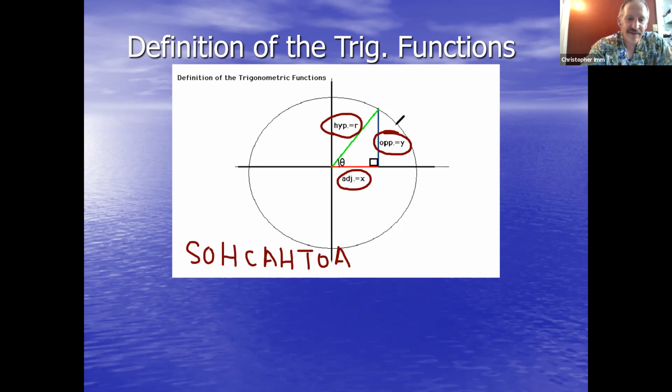S stands for sine, and sine is the opposite over the hypotenuse, so y over r. Cosine is the adjacent x over the hypotenuse r, and tangent is the opposite side y over the adjacent side x. So this is how we define the trig functions.